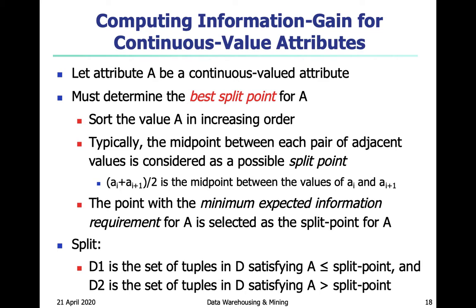Suppose there are four values. For the first two adjacent values, we will get one split point. For the second and third adjacent values, we will get another split point. For the third and fourth adjacent values, we will get the third split value. So for four values, we are getting three split values. Similarly, for v values of A, we will get v minus 1 possible split values. Fine.